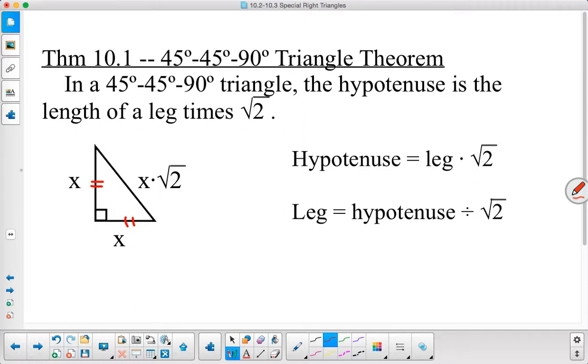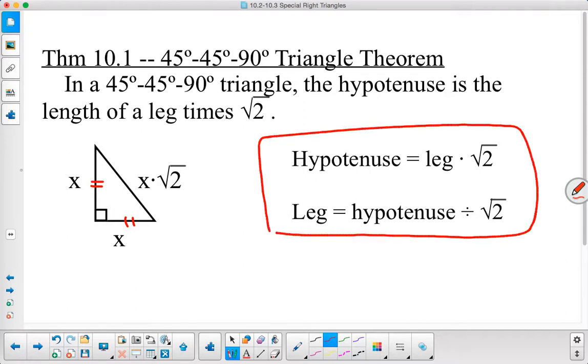So I wrote it out in words like the theorem says. The two formulas off to the side, these two are very important for you to have in your notes because that's what we're going to look back to each time to see how we find the hypotenuse or how we find the leg. You're either multiplying by the square root of 2 or dividing by the square root of 2. So get this all written down, then start the presentation again.